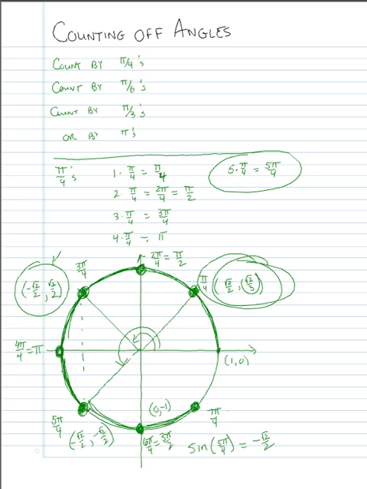Well, now what are the coordinates of that point? Well, all we have to do is line up, oh, well, it's related to the point here, or we could just say it's related to the point directly above it. It has exactly the same x value, but the y values are opposite.